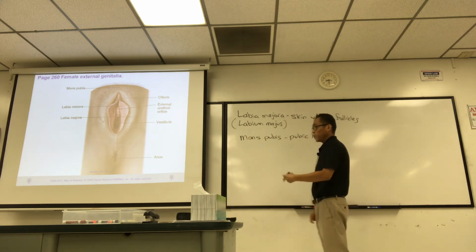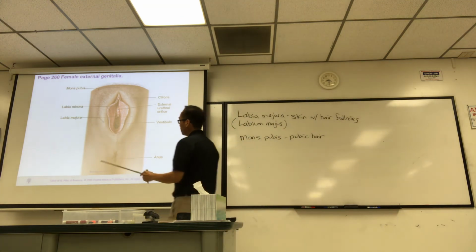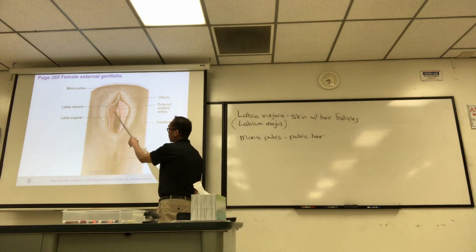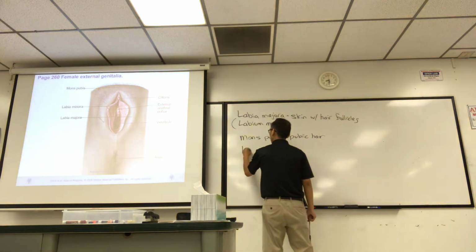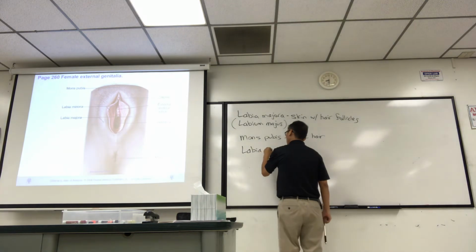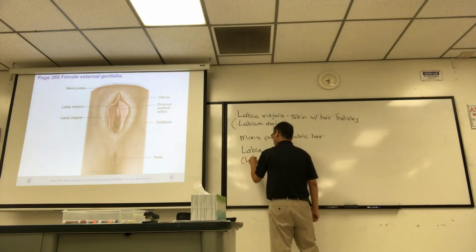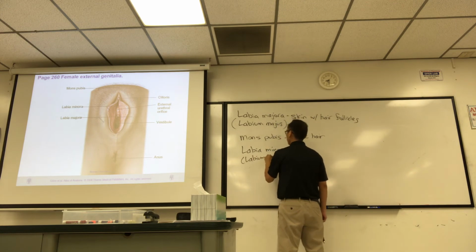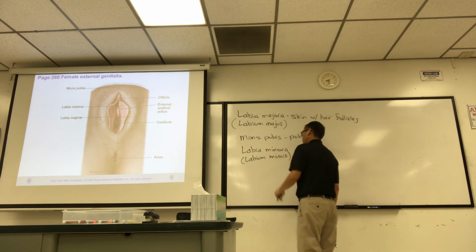That's why they call it the pubic bone of the pelvis. It's where you have pubic hair. And then, medially, you have the labia minora. Again, that's the plural word, or for one, you can just call it labium minus.